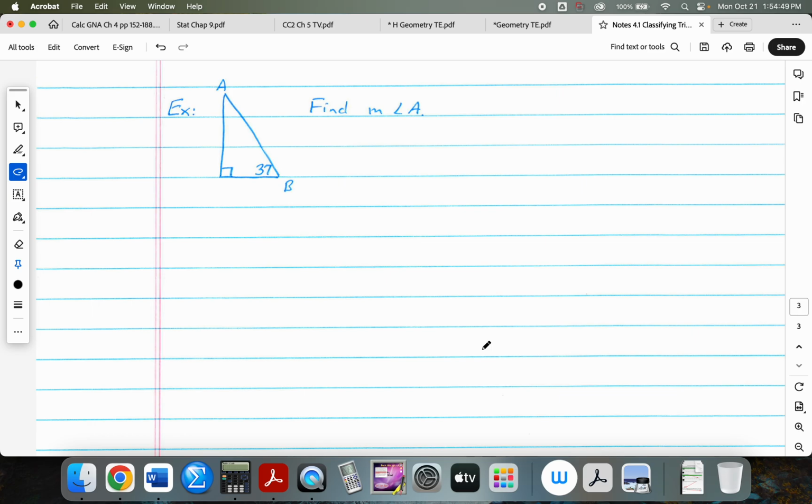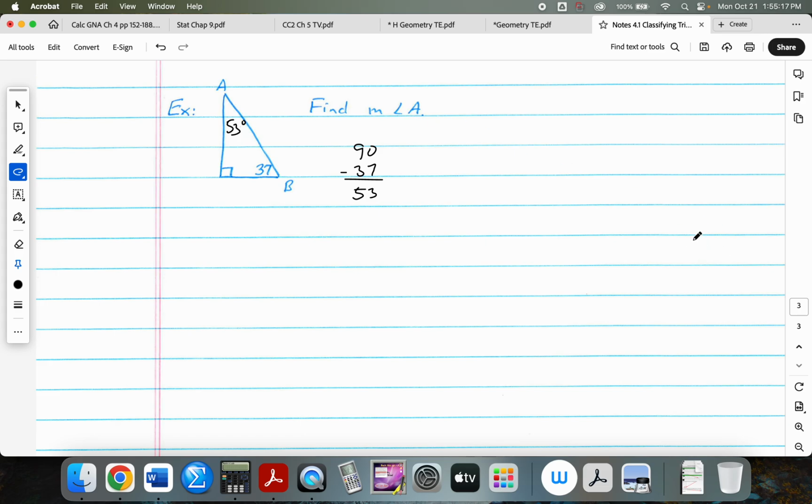So let me show you the example of that. We know that this is a right triangle. So the fastest way to find the measure of angle A is to do just 90 minus 37. It's 53 degrees.